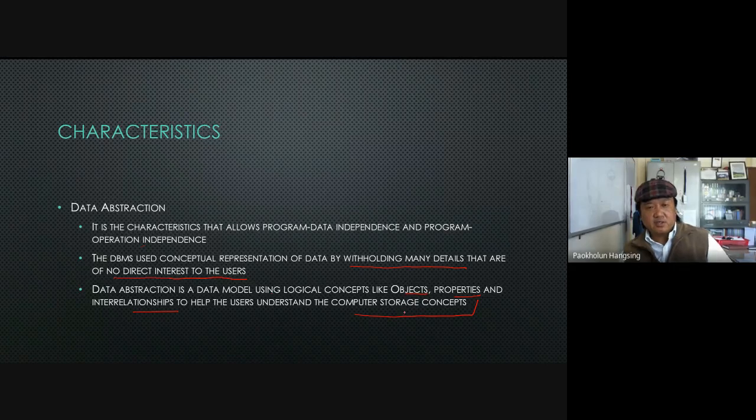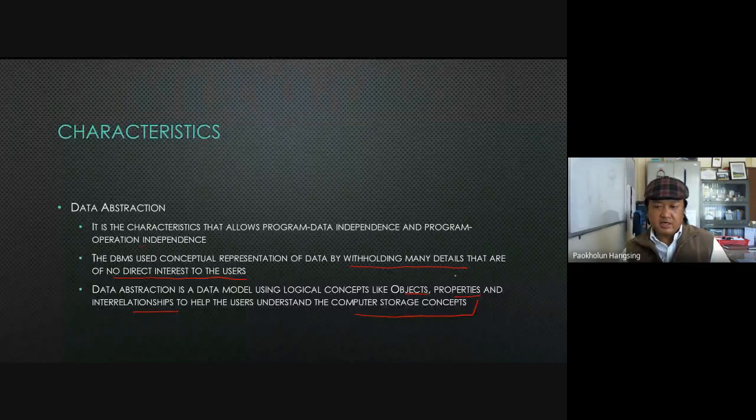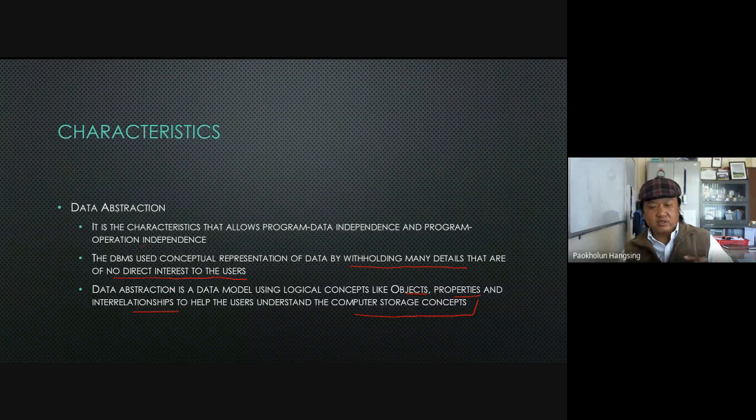For example, student, teacher are two different objects. Student is an object, teacher is an object, university is an object. All three of them have their own property. Student object may have name, roll number, marks. Teachers may have name, department, subject, and so on. And university, and all of it, they are interrelated. Okay, all of these things, this is called a data model. So this is called data abstraction.